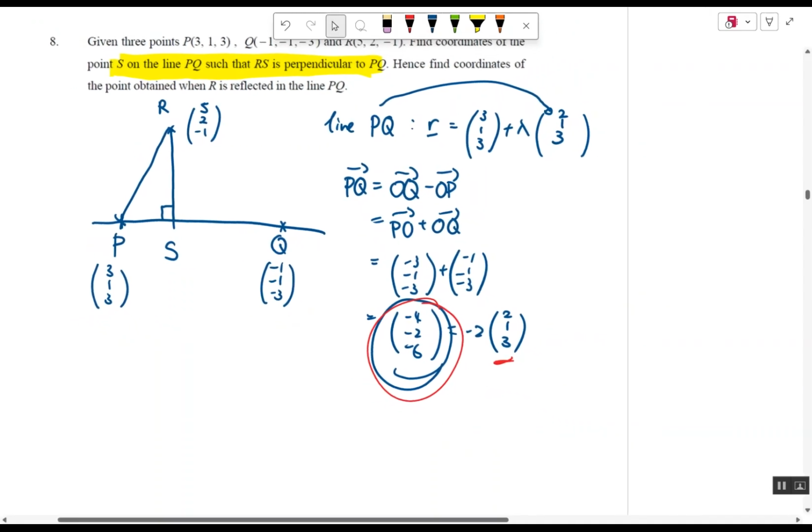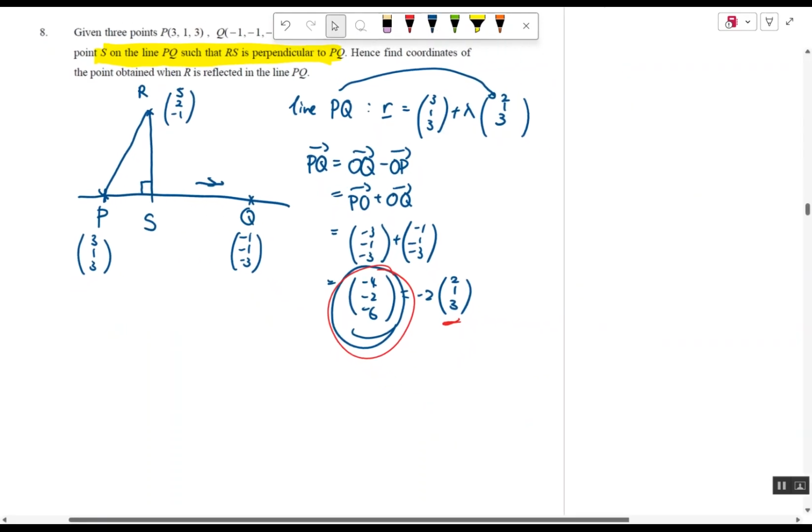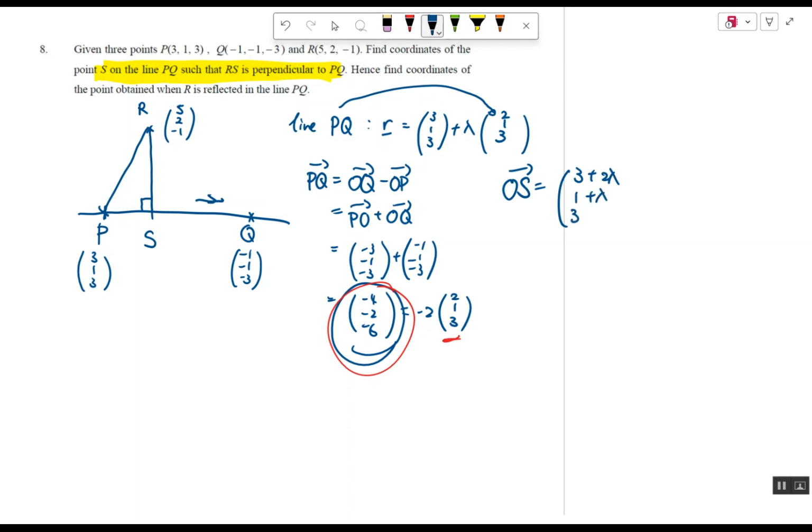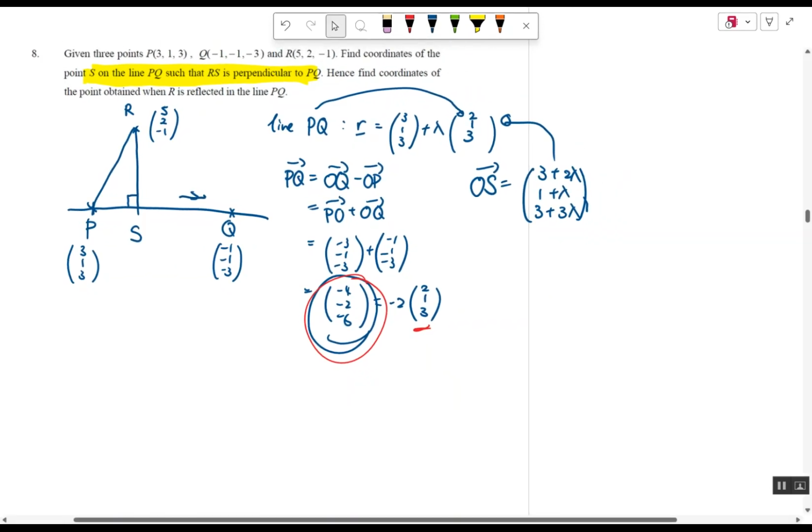So all you need to do next, you have already found the direction vector. What to do next? Can you recall? Our job is to find S, which is on PQ. So OS satisfies which equation? The line. OS is equal to (3 + 2 lambda, 1 + lambda, 3 + 3 lambda). I keep telling you, r equals to (x, y, z).